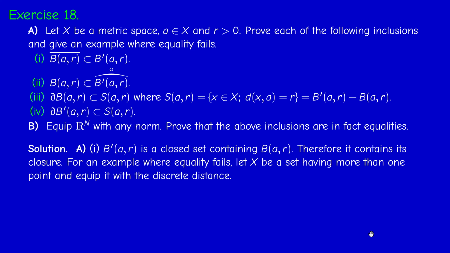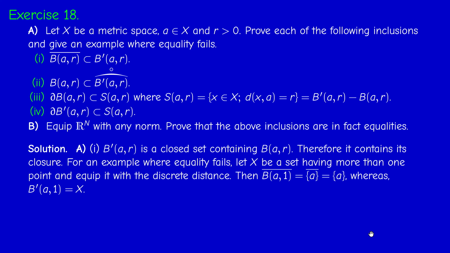If we take any set having more than 1 point and we put on this set the discrete distance, which is just 0 if the 2 points coincide and 1 if not, then we know that the open ball of center A and radius 1 is reduced to its center.